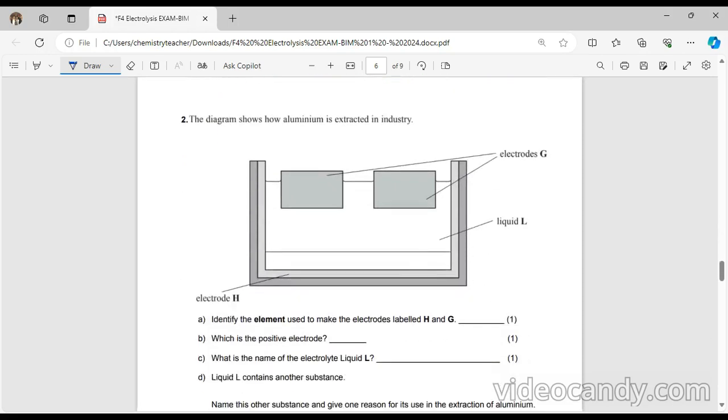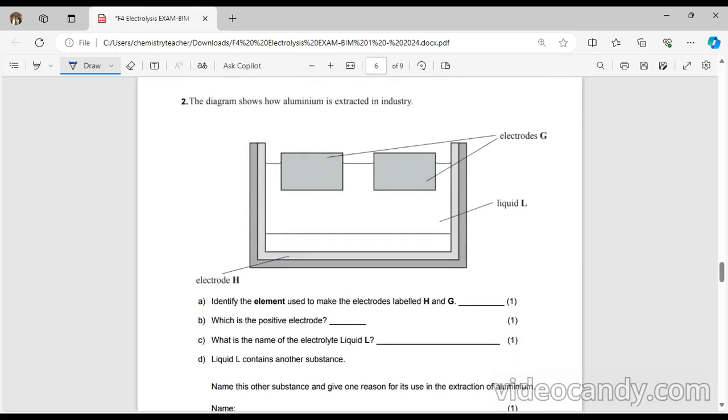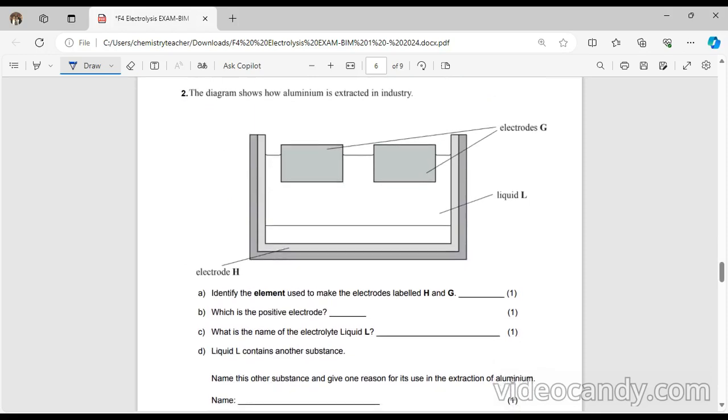On to question 2. So this question is all about the extraction of aluminium. So we've got the normal setup here of the electrolysis cell for extracting aluminium. Question A, identify the element used to make the electrodes labeled H and G. Now, a few people wrote here graphite.